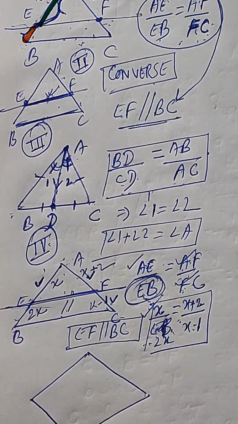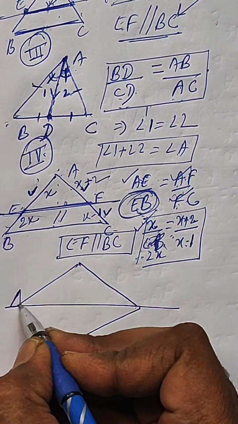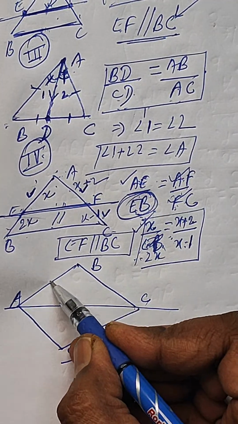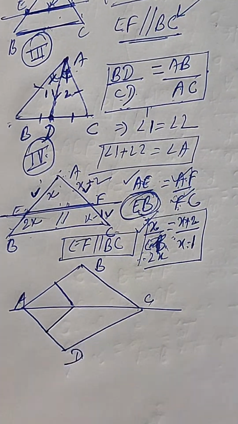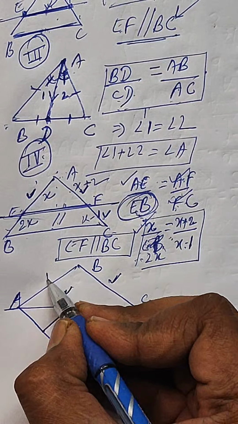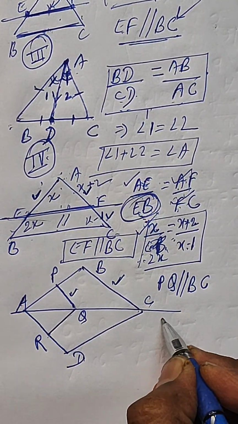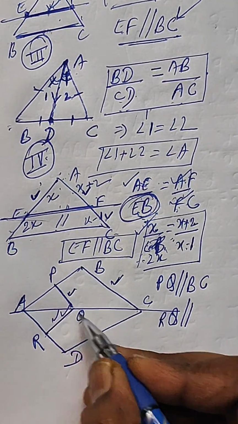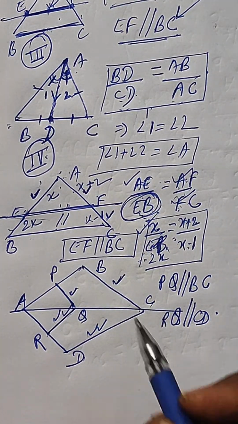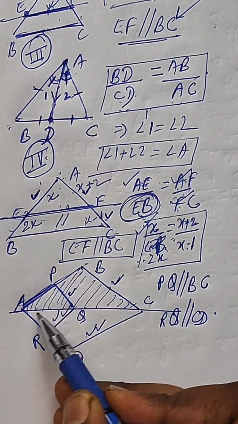In this diagram, we have points A, B, C and D. If it's given that PQ is parallel to BC and RQ is parallel to CD, then in this case, as we have seen, if you consider this triangle, AP by PB is equal to AQ by QC.